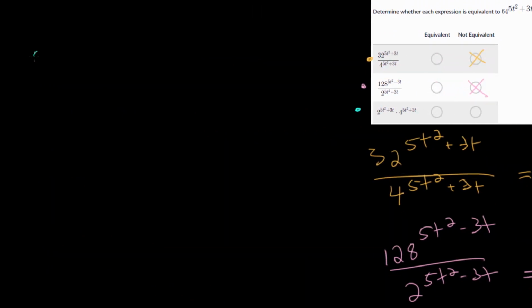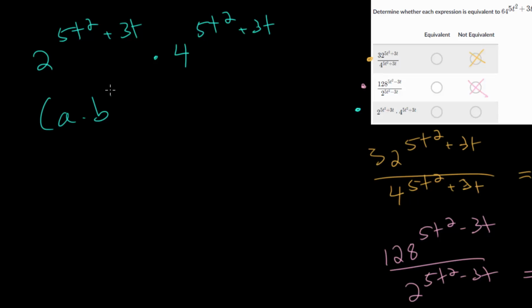So for that one, we have 2 to the 5t squared plus 3t multiplied by 4 to the 5t squared plus 3t. And for this one, they don't have the same base, but they're raised to the same exponent. So it's very similar to that rule with quotients. But now remember, if we have a product raised to some exponent, that the exponent goes to each factor in the product.